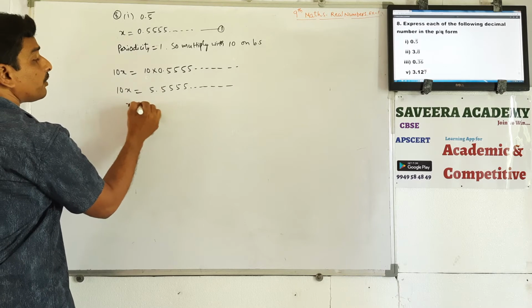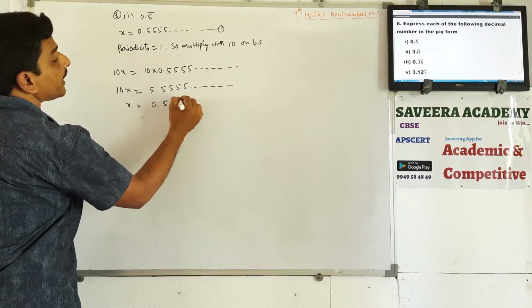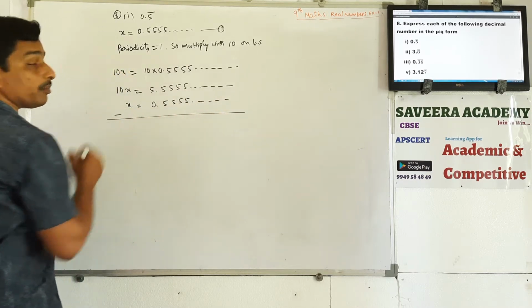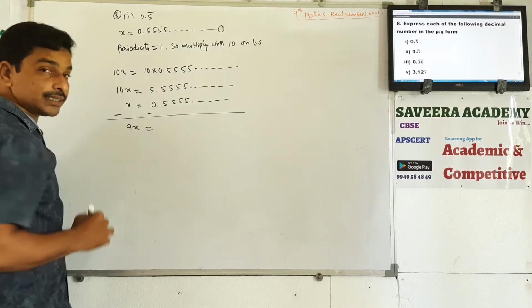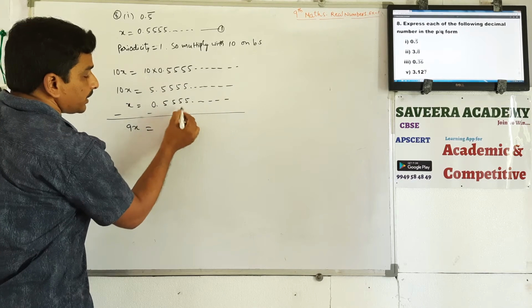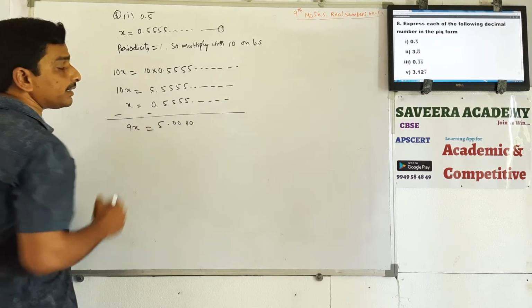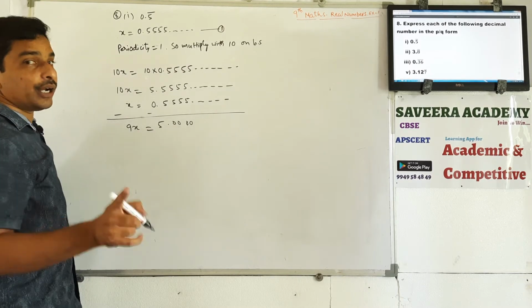Again you have to write down the x value, 0.555 and so on. Do the subtraction: 10x minus x gives 9x. Here you will get 0 0 0 0, and after the decimal point all are zeros, so no need to write.